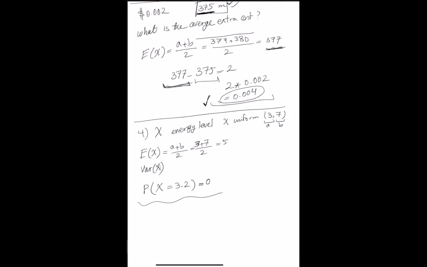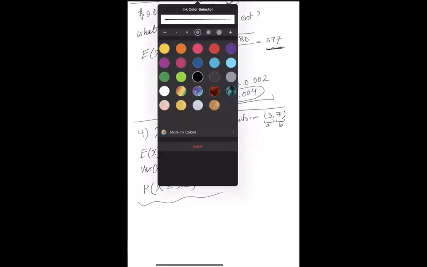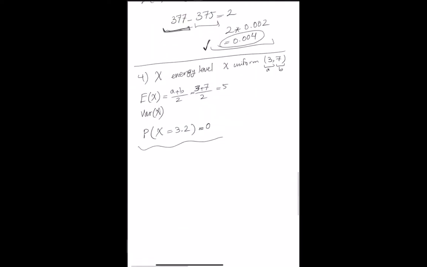So for a continuous random variable, this is important that you guys know, okay? These are the basic definition or the basic concepts related to continuous random variables. For continuous random variables, probability that x it's going to take a specific number is always 0, because when we say that x is going to change between 3 to 7, basically there are infinite possible numbers in this range from 3 to 7.